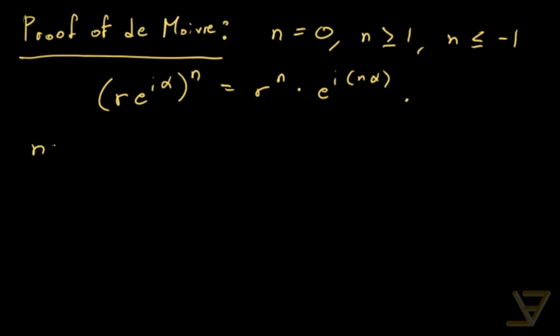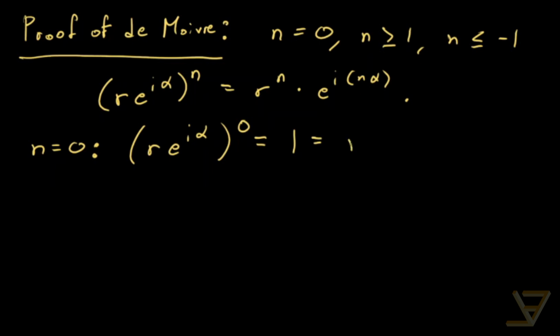And this has a trigonometric meaning in terms of the rectangular form of a complex number. So let's do n equals 0 first. What we have is that (r e to the i alpha) to the power of 0 is simply equal to r to the 0. Well, it's a complex number to the power of 0, so it's equal to 1.